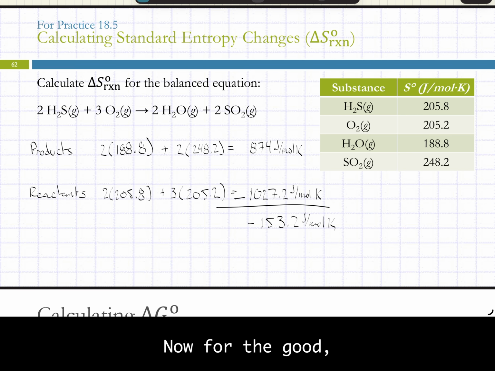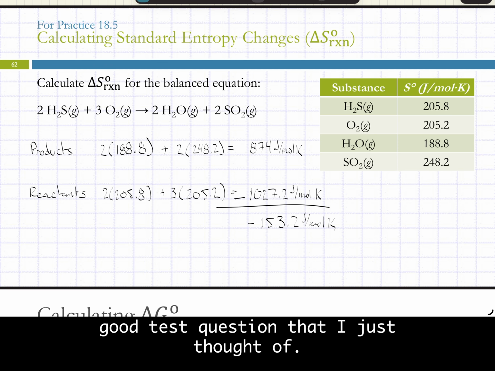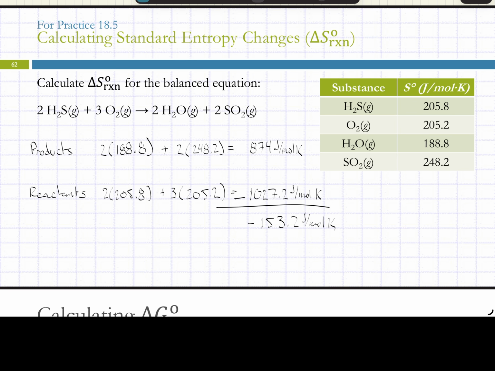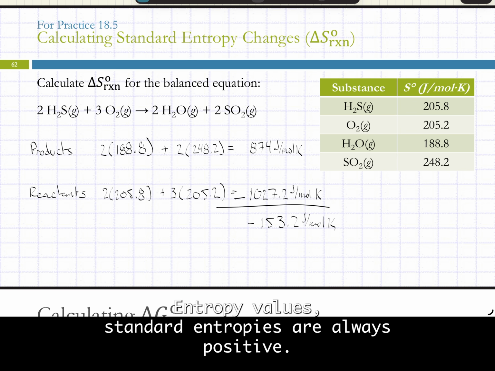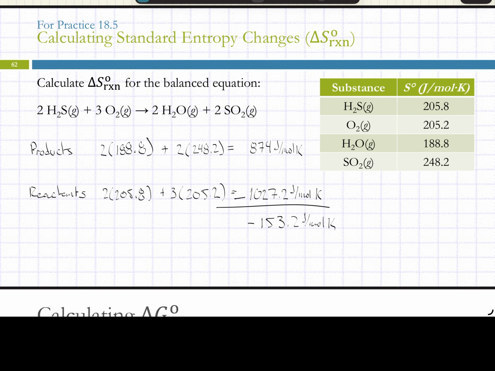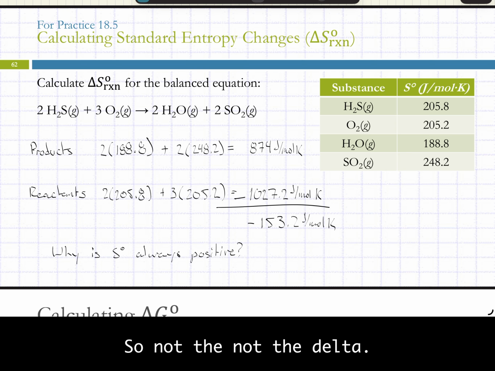Now for the good test question that I just thought of. Entropy values, standard entropies, are always positive. Why is standard entropy always positive? So not the delta.